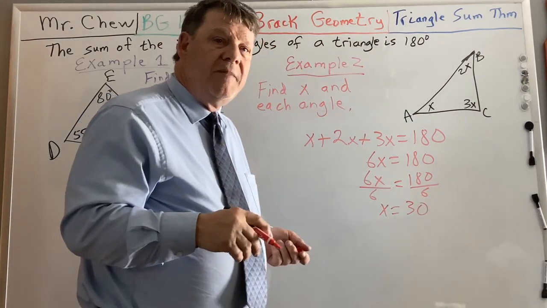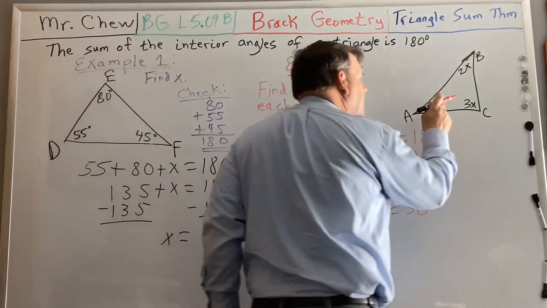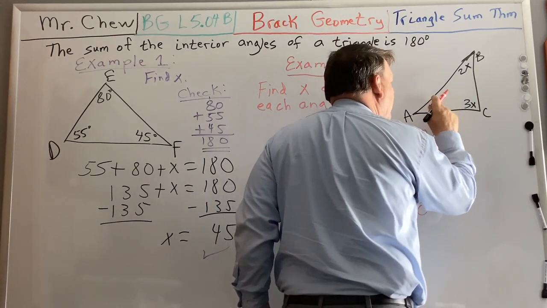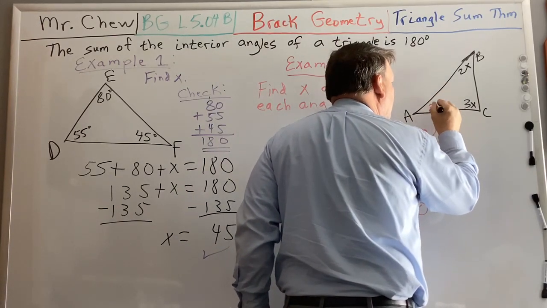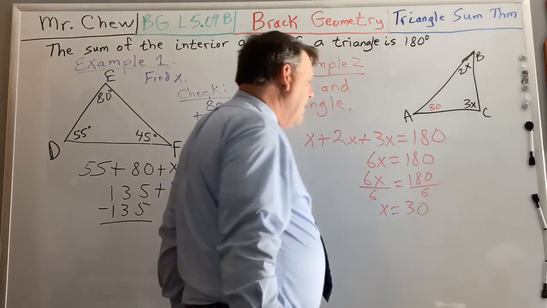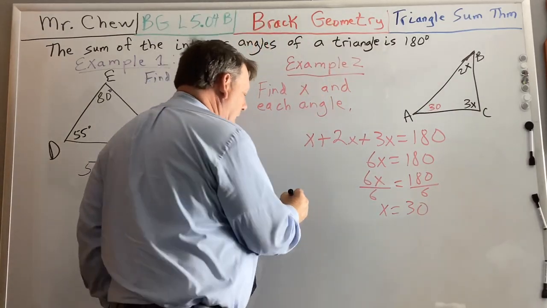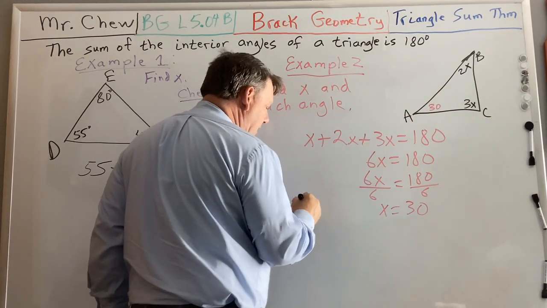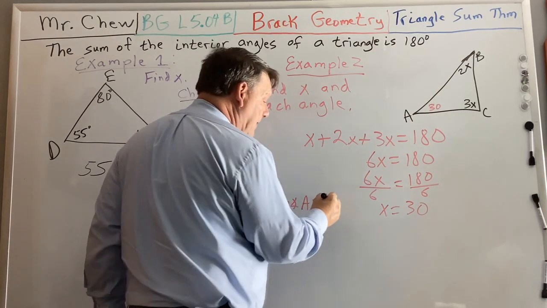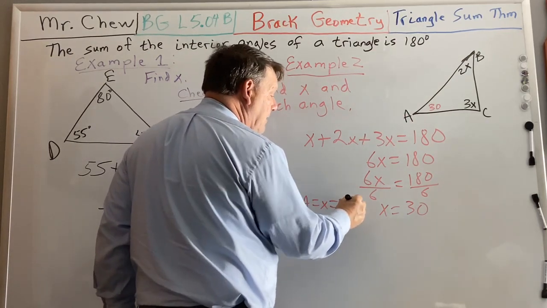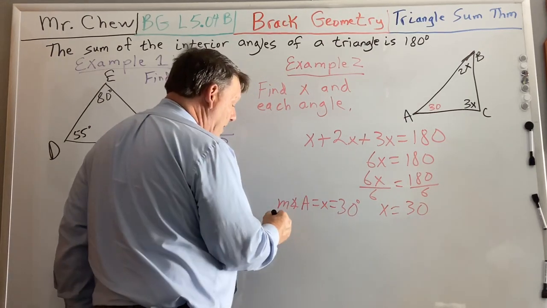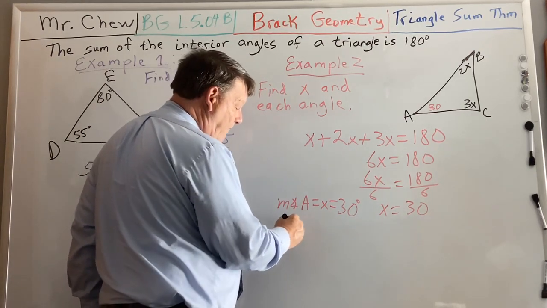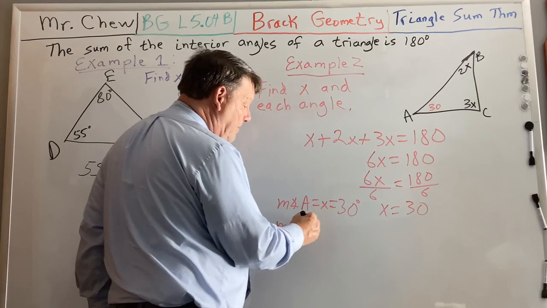So what does that mean? That means that this angle right here is 30 degrees. So I could say the measure of angle A, which we said was x, was 30 degrees. The little m in front of that little angle symbol means measure.